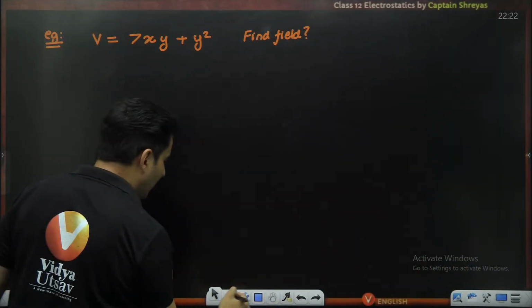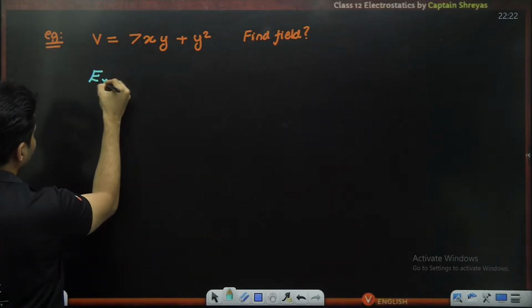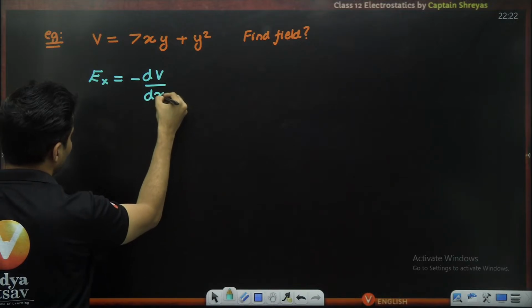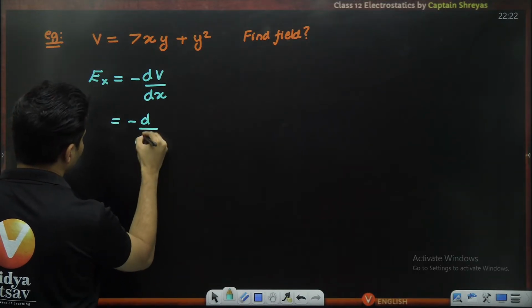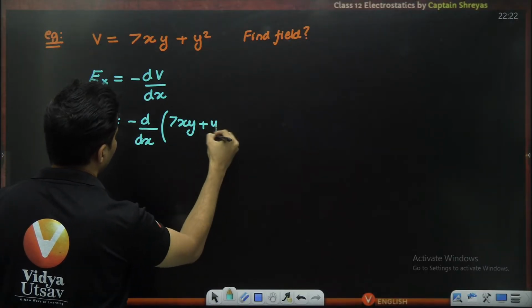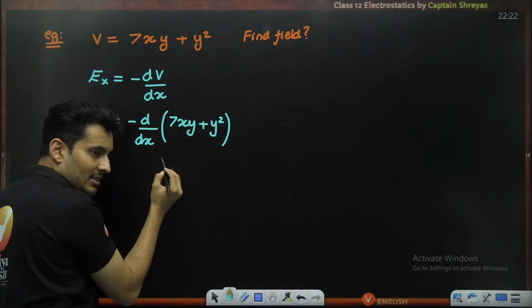You write separate formulas for x and y. For example, electric field in x will be rate of change of voltage with respect to x only. So when you write it like this, minus d by dx of 7xy plus y square, I am differentiating it with respect to x.